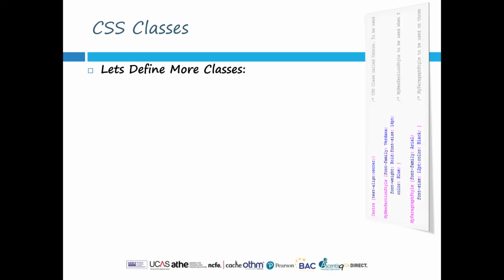With the classes, we're now going to define a group of attributes. For instance, when we have a section that we want to have a certain font size or certain structure, we'll now use a class, and we can call this class multiple times.